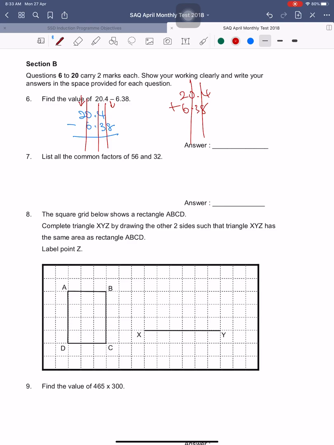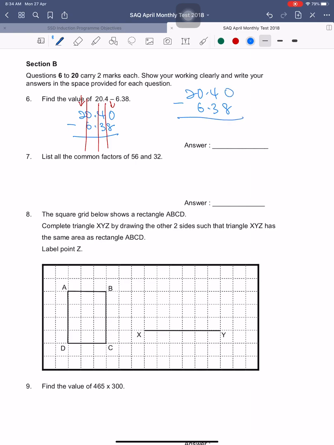Let me erase this. Make sure you align, so that's where you can subtract. You can put a 0 here if you are more comfortable. So 0 minus 8. Let me redo the whole thing, it's very messy here. So 20.4 minus 6.38.